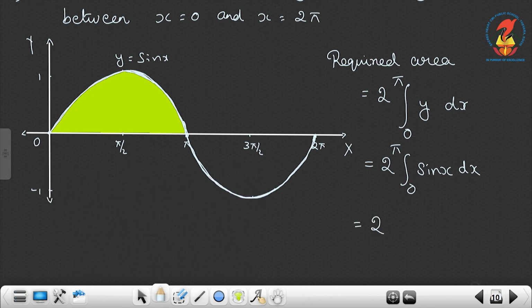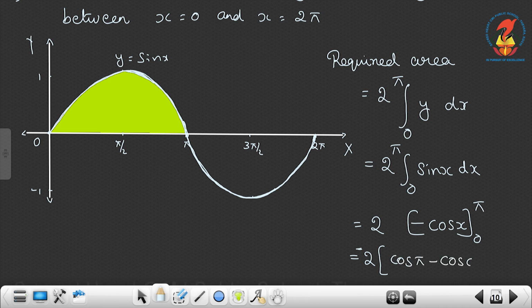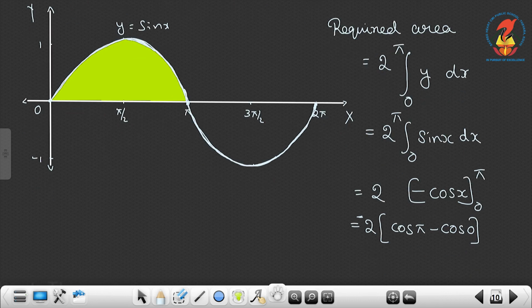Now integrate. 2 times, sin x integral is minus cos x between 0 to pi. That is 2 into minus, also we can take out, cos pi minus cos 0. What is cos pi?